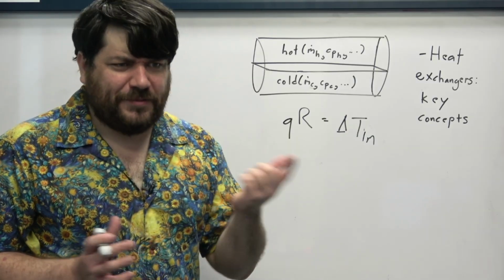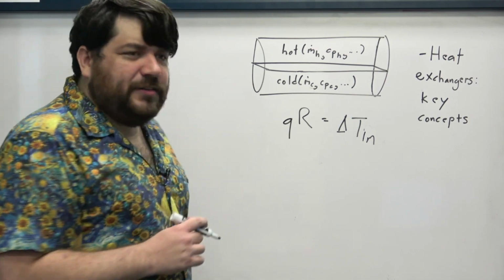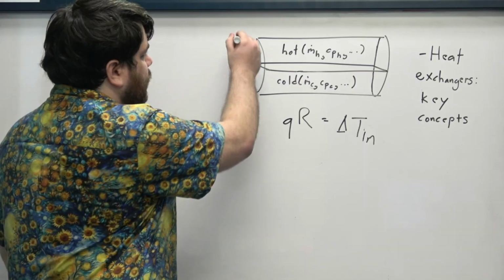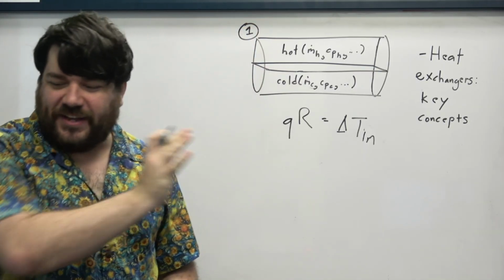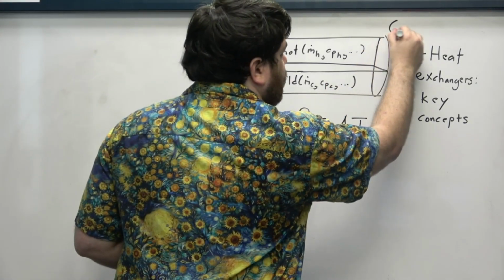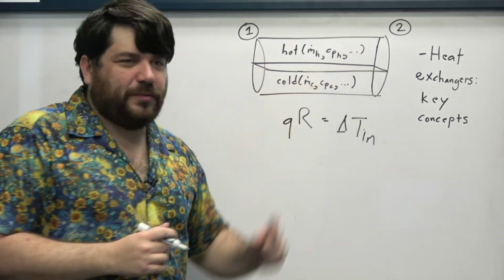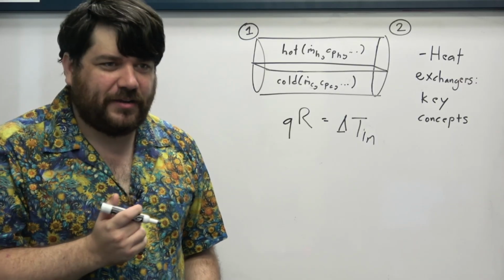So whenever I work on these sorts of problems, I like to define this location to be 1. So this side of the heat exchanger is 1, and this side of the heat exchanger is 2. It doesn't really matter which one I call 1 or 2. It's just an easy way for me to keep track of things.